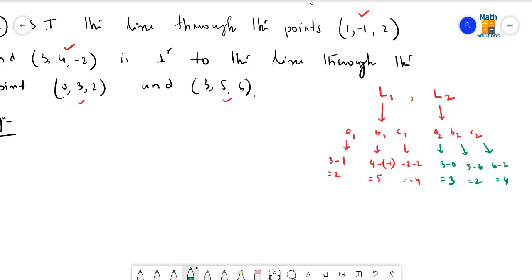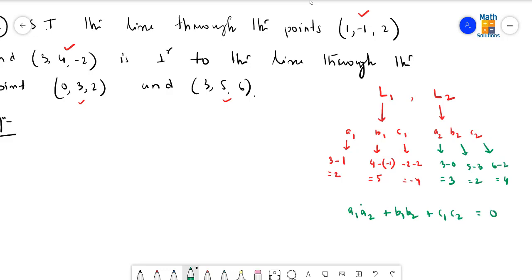So these are the values we are getting. Now to check whether these two lines are perpendicular or not, for that we can use this form: A1 A2 plus B1 B2 plus C1 C2 should be equal to 0.